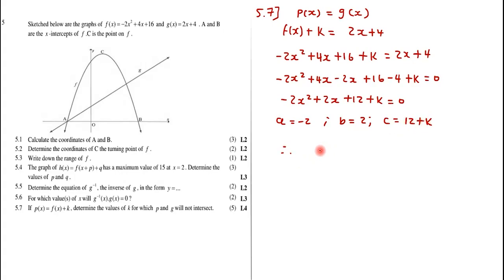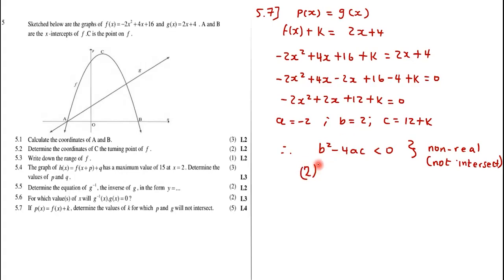Therefore I will say delta, b squared minus 4ac, must be less than 0. By having it thus, it means non-real. The word non-real is the same as not intersect when it comes to two graphs.